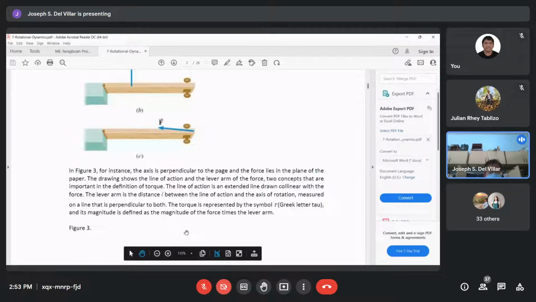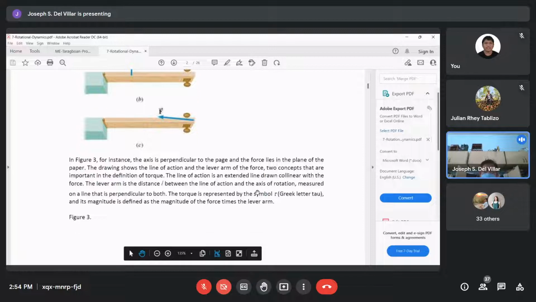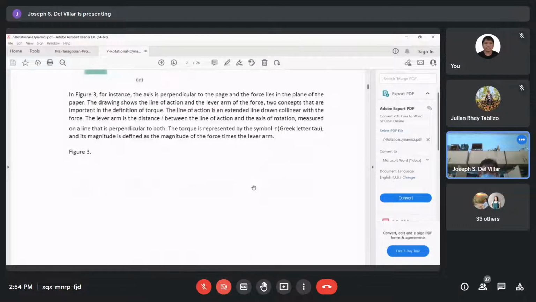And its magnitude is defined as the magnitude of the force times the lever arm, no? So that is the torque, no? It is always the product of the force times the lever arm. And the lever arm is always a perpendicular distance from the line of action of the force to the axis of rotation or the pivot point.